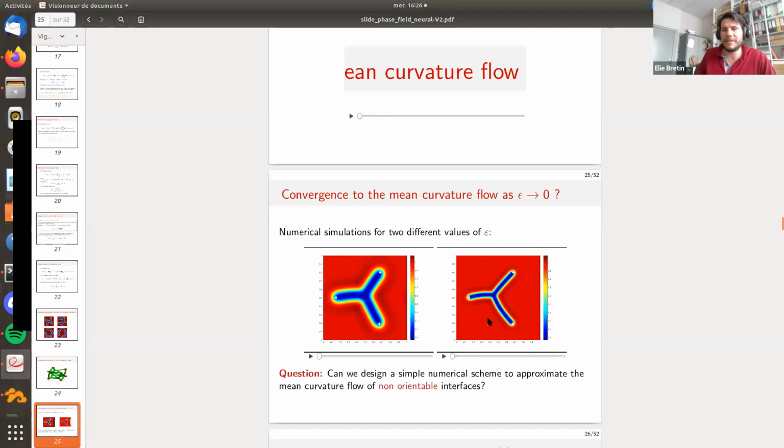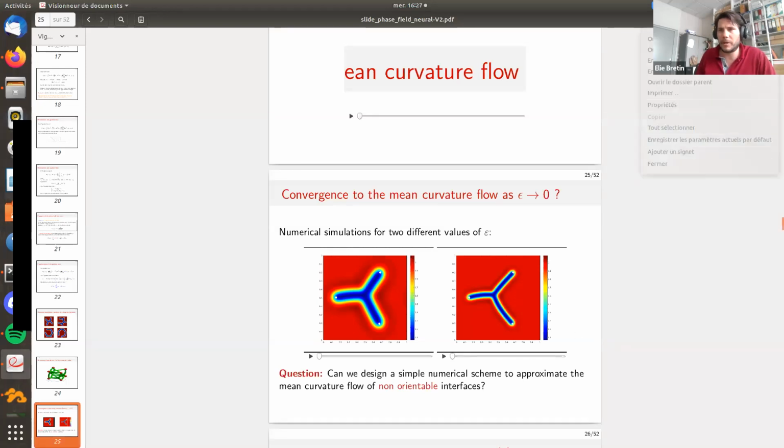And in fact, in practice, it is not the case. And also by using some asymptotic expansion, we can show that the limit law depends on the profile Q, which depends on the Ambrosio-Tortorelli functional. But in practice, it is not the mean curvature flow. And this is why, in fact, we have a slow convergence to the Steiner solution.